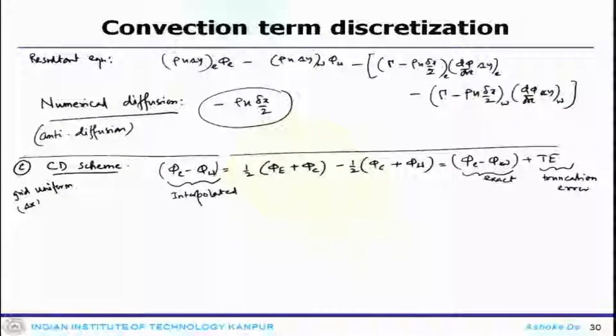So, now we use Taylor series expansion to find out all these terms one by one. So, the first one we get: phi w is phi at small w or face w minus del x by 2 phi w prime plus del x square by 8 phi w double prime and so on.